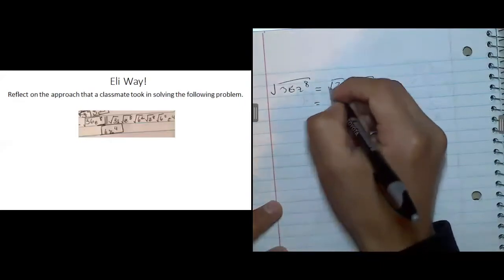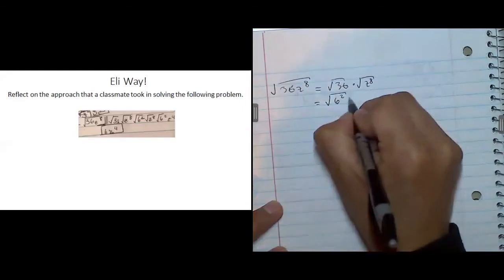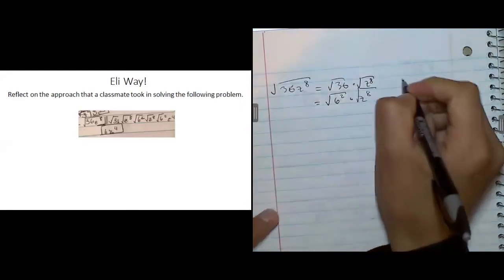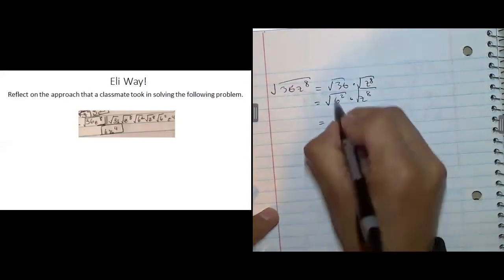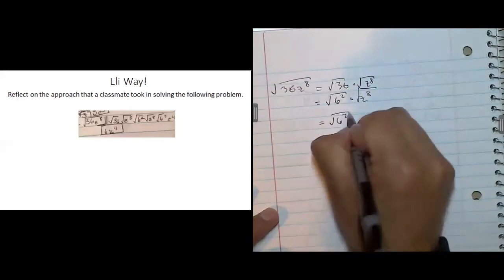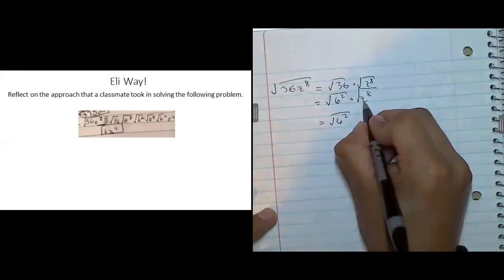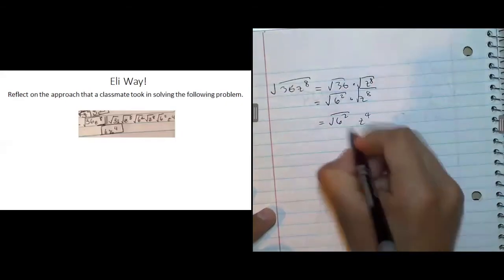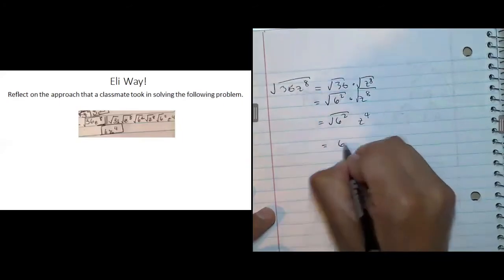And she had the square root of 6 squared times z to the 8, right? And then she continued with this piece still. And then from this, she has this. And so she says that finally the answer is 6z to the 4.